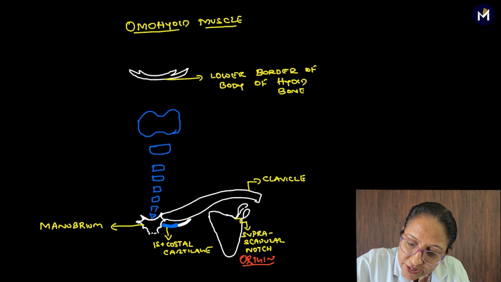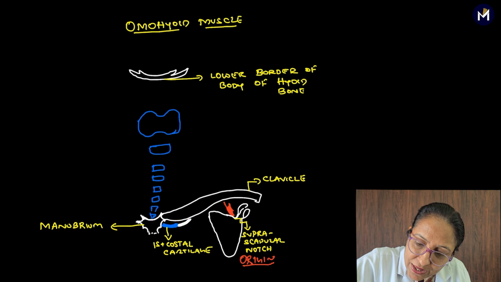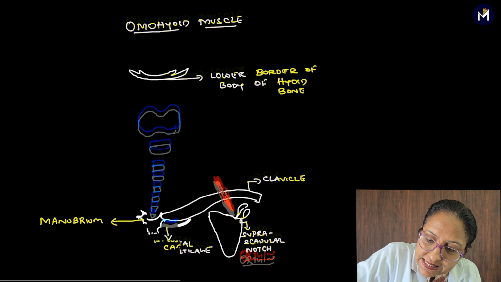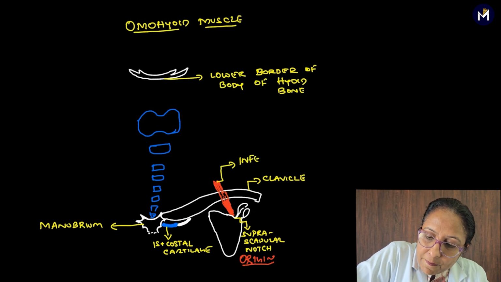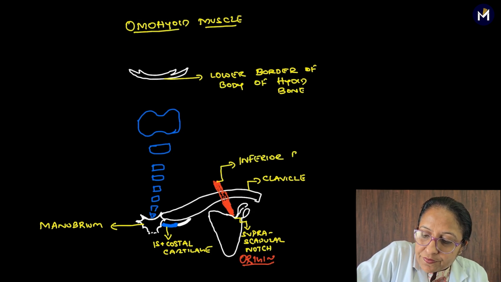So it takes origin from the scapula around suprascapular notch. This is inferior belly of omohyoid, ascends up behind the clavicle. So let us first label this as inferior belly of omohyoid.